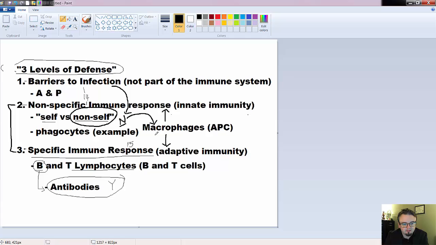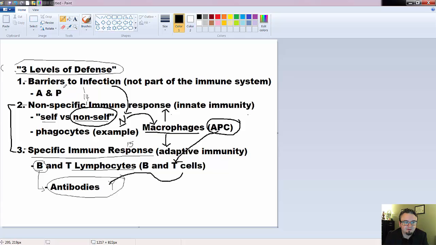So we go from a bypass of the barriers. Typically neutrophils are activated, which triggers macrophages. They act as an antigen presenting cell. As an antigen presenting cell, they carry the antigen and they activate T cells. Now what happens next we'll talk about in chapter 15. T cells will activate B cells, which will create antibodies, and they all kind of act in concert at that point. But you can see the connections here.